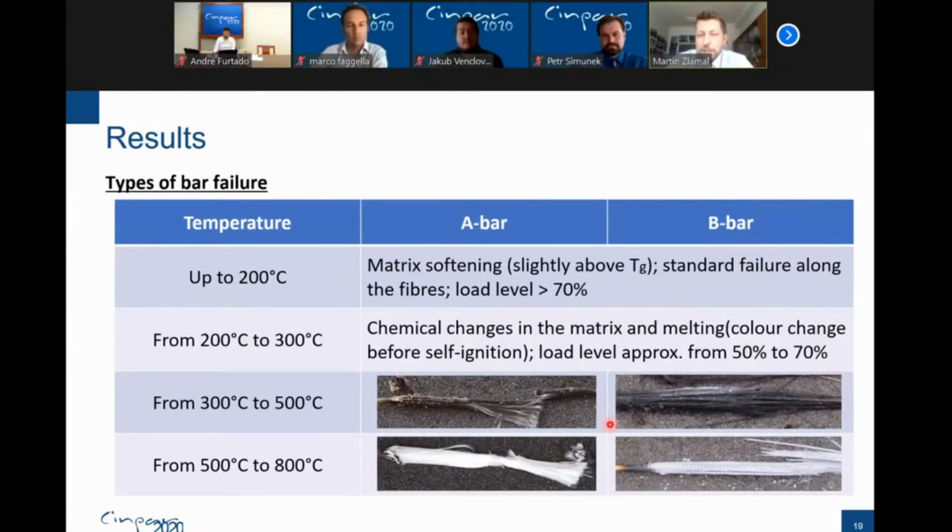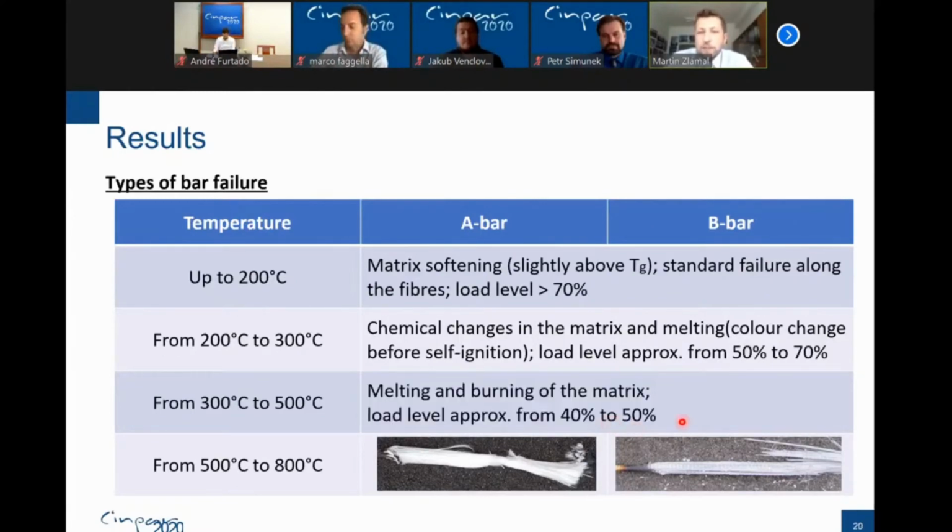In this case, the whole matrix burns, but it's not the burning of the matrix from a direct flame, it's a self-ignition only from increased temperature. So when the temperature is greater than 400 degrees approximately, the matrix burns itself. And load level is now approximately from 40 to 50% of tensile strength.